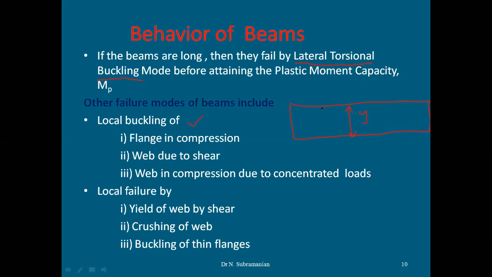This is the top compression flange, this is the bottom tensile flange, and this is the web. The web will undergo shear, and the web can even undergo compression due to concentrated load. Why? Because see, at a support condition, let us take this as a support condition. At the support, this web will undergo compression, isn't it? Why?